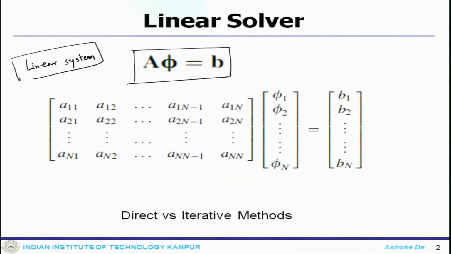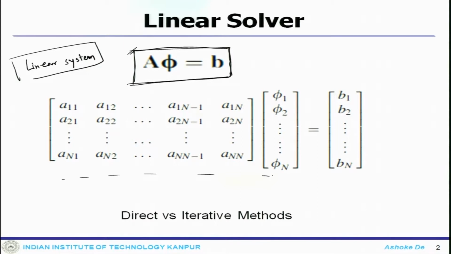But now it is time to look at how you get a solution for that linear system. We have done the discretization for the diffusion system, and once you do the discretization, you finally get the equation in terms of this linear system. Now, what are the processes of getting the system solved?